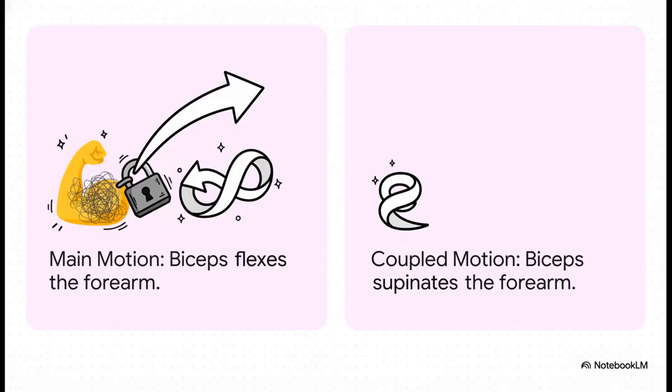Well, because the shoulder is locked up and can't translate, we have a major problem with our degrees of freedom. The intended main motion is flexion, bending the elbow around the coronal axis. But the biceps muscle doesn't just flex. It also supinates, or twists, the forearm around a longitudinal axis. This secondary, completely unavoidable twisting is what we call a coupled motion.